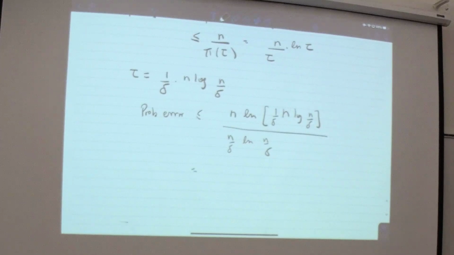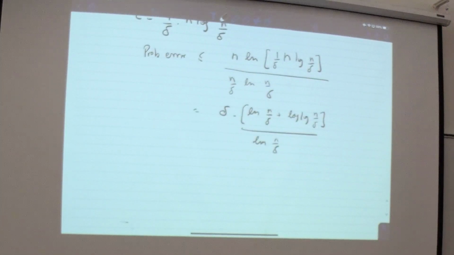This becomes delta times [log of n over delta plus log log of n over delta] divided by log of n over delta, which is basically done.